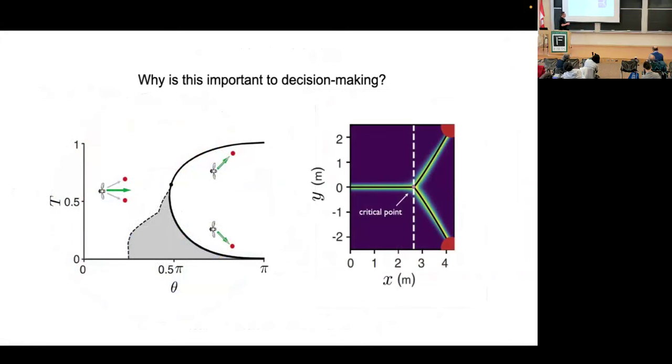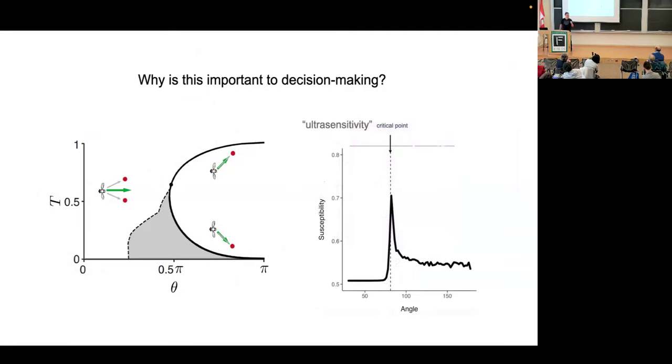So why could this be important to decision-making? Well, I think it's important to try to understand how animals actually move through space. But when we see this criticality, there's a feature associated with it called susceptibility or ultrasensitivity, which means that the brain undergoing this type of transition, even in the simulation now, in the analytic model, this goes to infinity, the susceptibility. In the finite size system, you get this strong peak. What that means is the brain at that point, as an emergent property, becomes incredibly sensitive to differences between the inputs in the world.